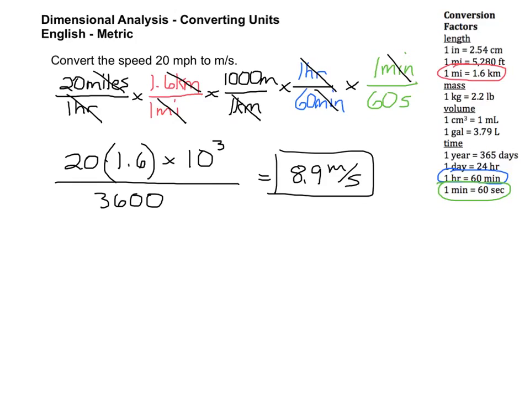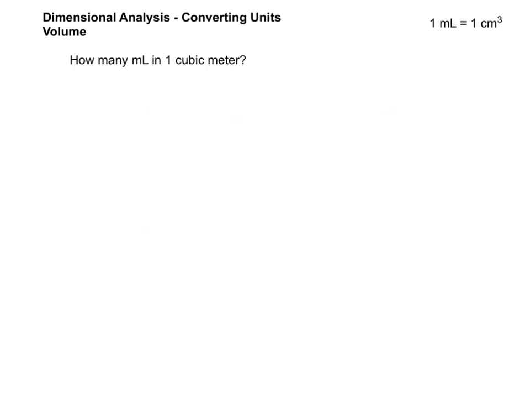Let's try one final problem. In our final problem, we're asked to determine the number of milliliters in 1 cubic meter. First, let's consider what a cubic meter looks like. 1 cubic meter is a box that is 1 meter by 1 meter by 1 meter.